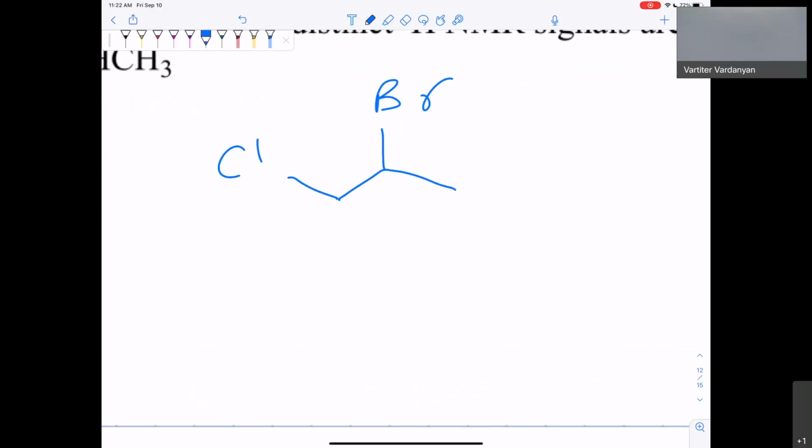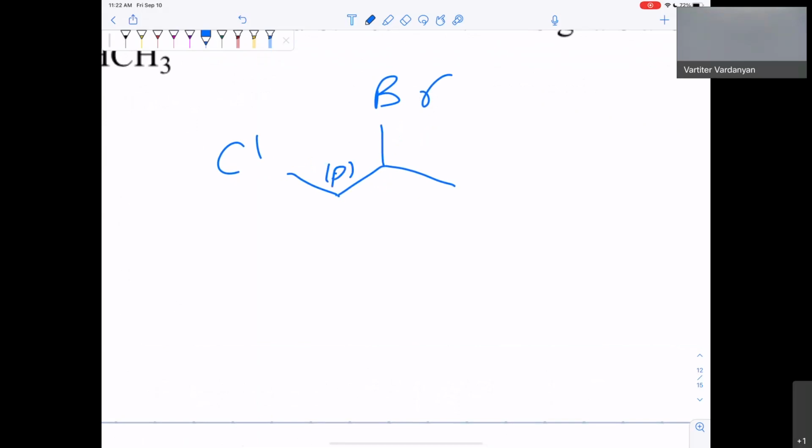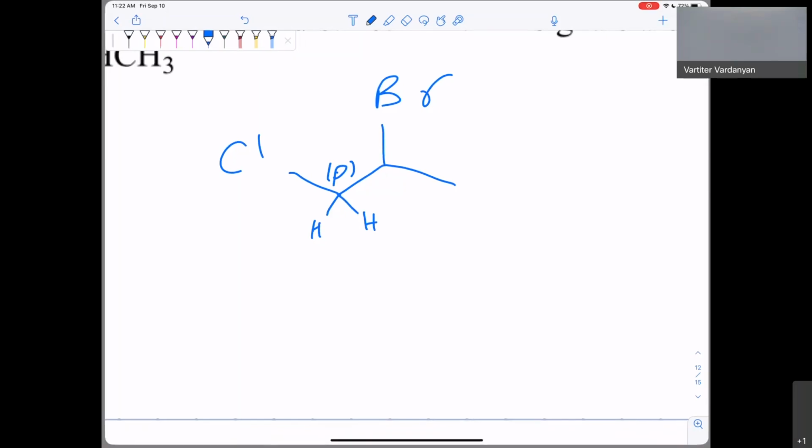Okay, but when you look at this, does anything pop out to you? Potential chiral center, cool. So this is a potential one because it has 2 hydrogens and 2 unique groups. But there's something else that's even a little bit more obvious. There is a chiral center.